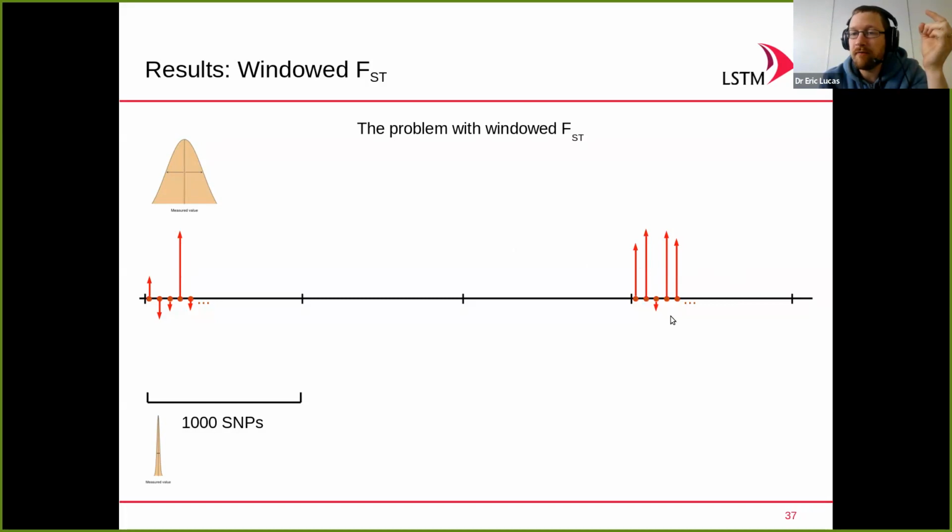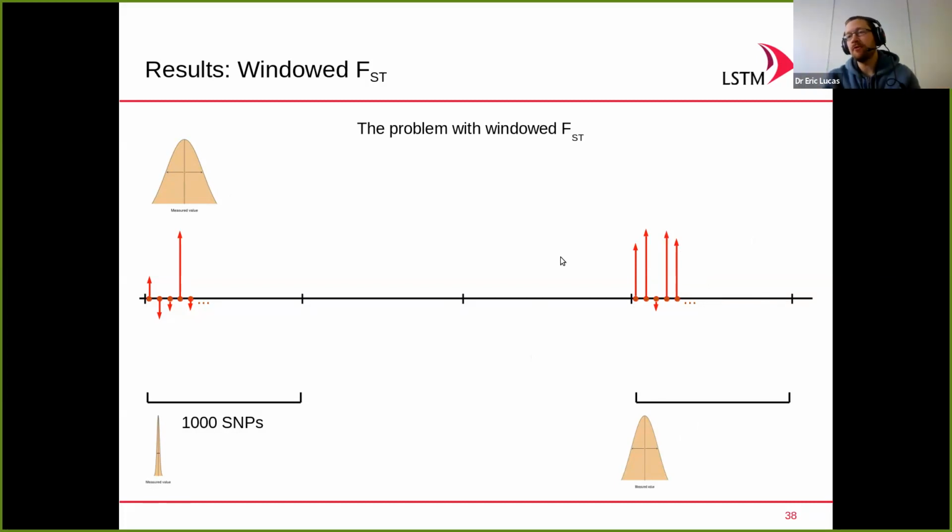So the law of averages plays out a lot less over the 1,000 SNPs, and you end up with a distribution that's slightly narrower than the one for a single SNP, but not much, compared to the much, much narrower one in a region that's not under selection. And you get the same thing with the next window along. If this window happens to be high, then this window will probably be high as well.